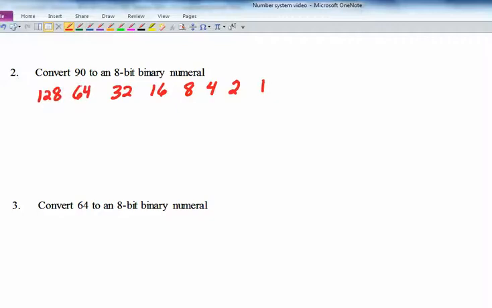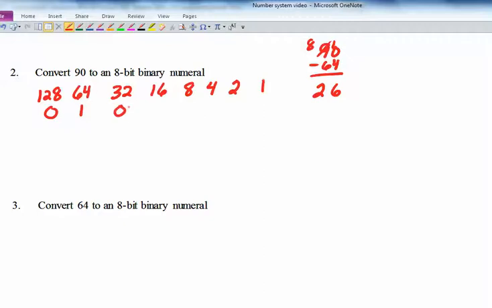And we're starting with 90, so again, no groups of 128, that 0 is optional, but I can get a group of 64 out of there. So I'm going to subtract to find out what's left, so I'm going to borrow, of course, here. So we will have 26 yet to cover, if my arithmetic is correct.